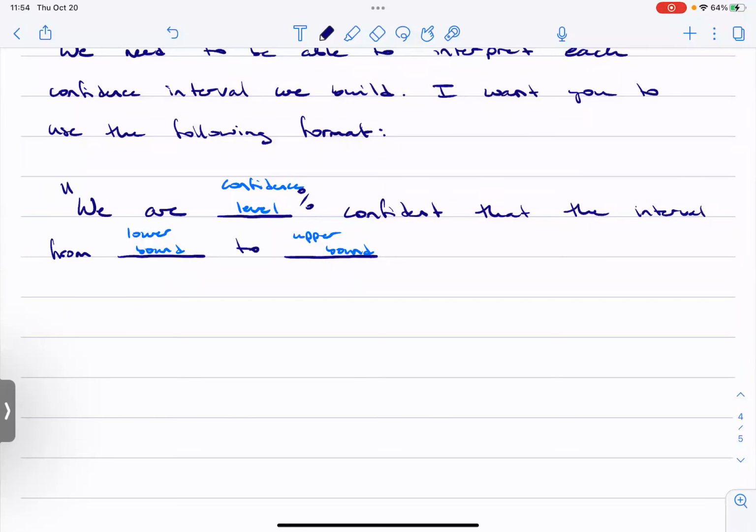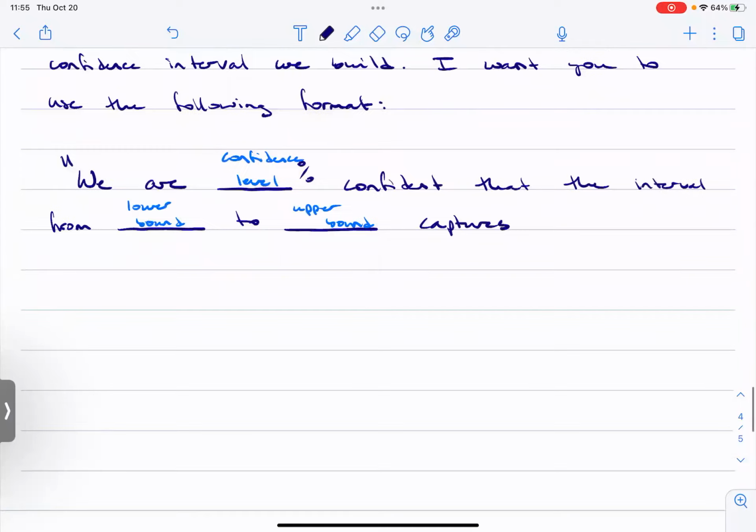We can handle this. And then now for the artsy part, captures. Okay, and that's a really important term that we use. If we say captures, really what we're saying, there's this understanding that we don't know what the population proportion is, but we're 95% confident that it's captured in this interval. Okay.